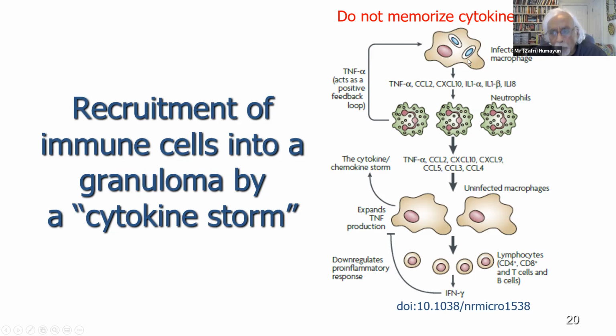An important cytokine whose name you might want to remember is TNF alpha, tumor necrosis factor alpha. The chemokines that are produced have the collective effect of recruiting neutrophils, which is a form of immune cell, and these immune cells again produce more TNF alpha as well as other cytokines, and TNF alpha can also act on the same infected macrophage to further amplify TNF alpha, other cytokines, chemokines, and so on.